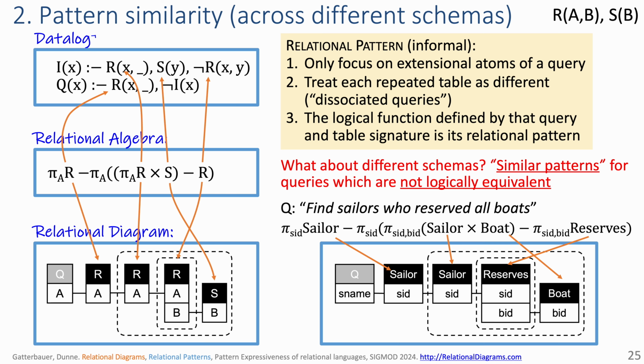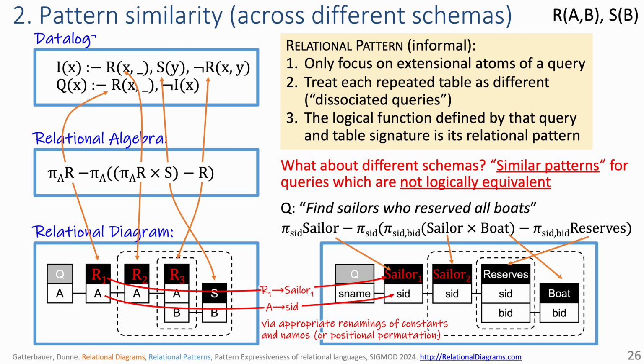Let's first visualize the query on the right as a relational diagram. Now you can, or maybe can already, see intuitively that somehow these 2 queries use a similar pattern. Topologically, they look very similar if you ignore the names and constants. And this intuition can be made more formal.